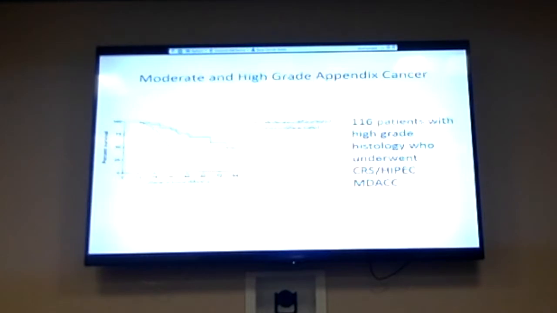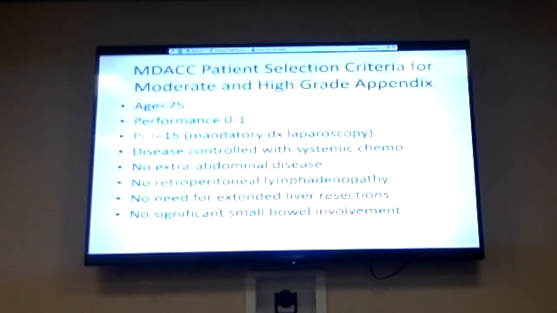So moderate and high-grade appendix cancer, like I just mentioned, is bad news compared to low-grade disease. At MD Anderson, the patient selection criteria for proceeding with HIPEC in patients with moderate and high-grade disease are that they can't be old and frail. Their PCI has to be manageable, and there's mandatory diagnostic laparoscopy to evaluate that. They have to be on systemic chemotherapy, and there has to be stability of disease, not progression.